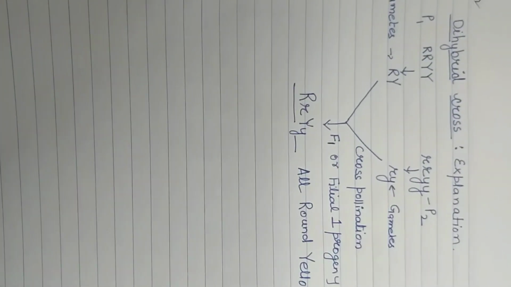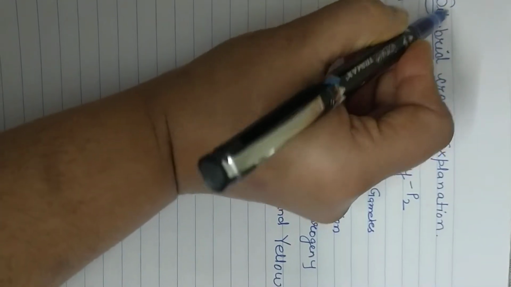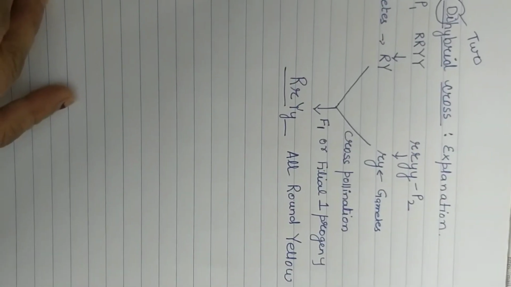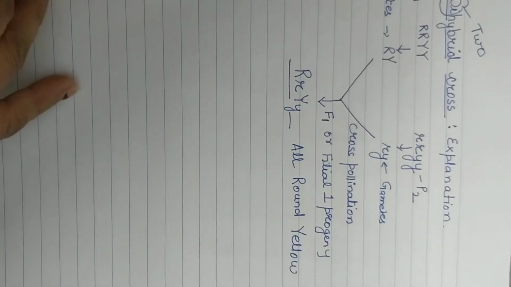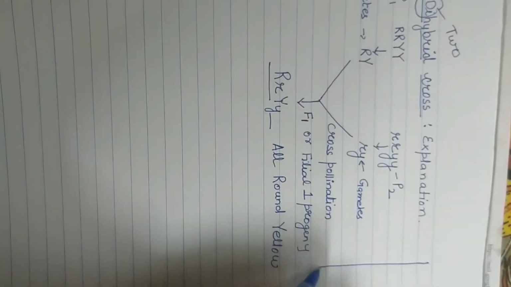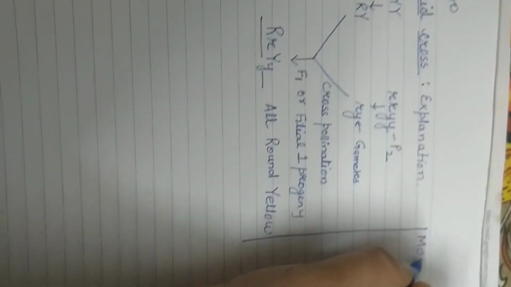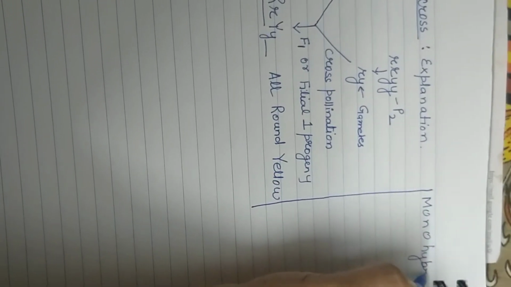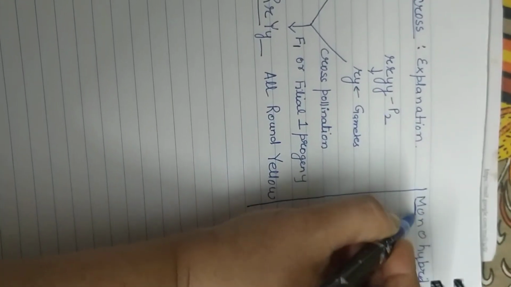When we say dihybrid cross, that clearly indicates di means two. So when Mendel studied the inheritance of two characters at a time, if you remember the video when I taught you about monohybrid cross, in that cross Mendel studied only one character.